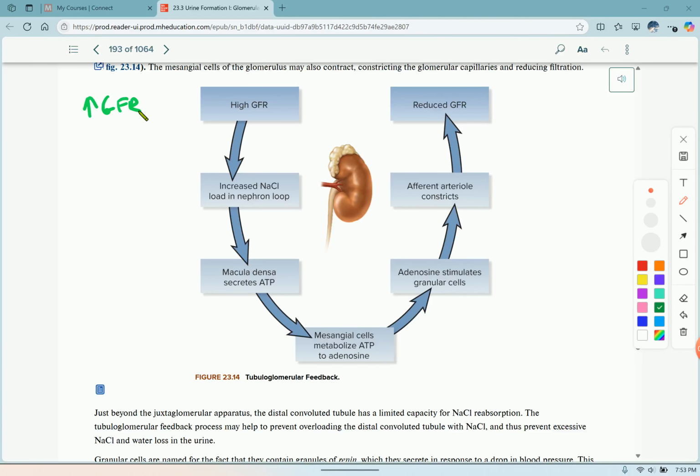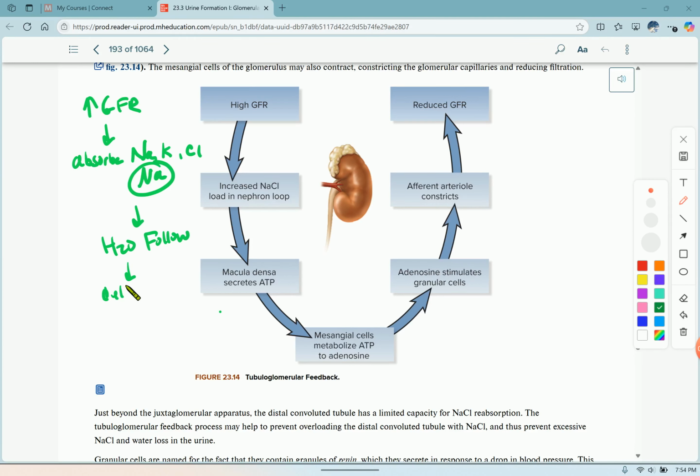It is going to absorb sodium, potassium, chloride, and sodium. I'm sorry, not nitrogen, sodium. And so then water will follow.